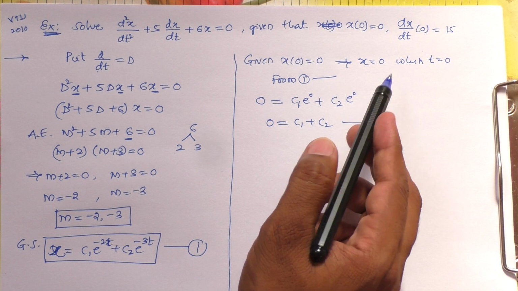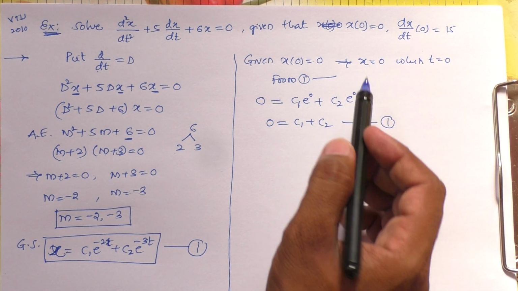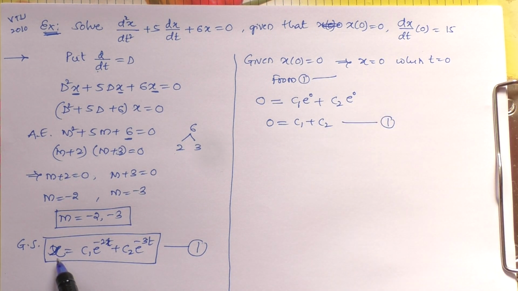Now let us go for the second condition, dx/dt(0) = 15. First we require dx/dt. Here in equation 1 we have x in terms of t, so differentiate 1 with respect to t.